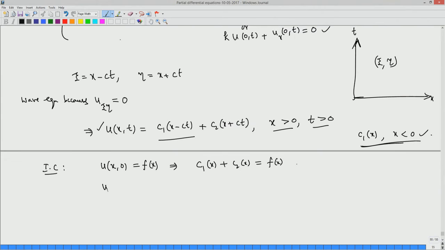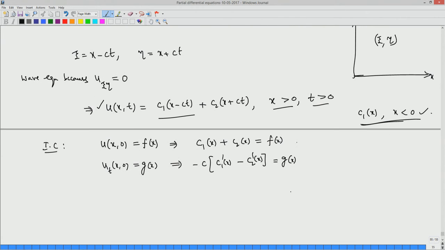The next one is u_t at (x, 0) equal to g(x). This will give me minus c times c1'(x) plus c2'(x) equal to g(x). This is what we have seen earlier. If you apply this one, you can get this.